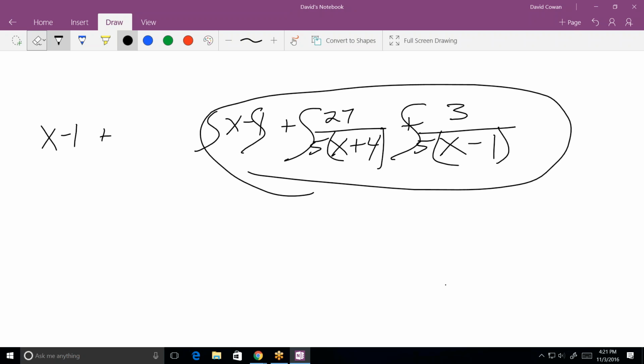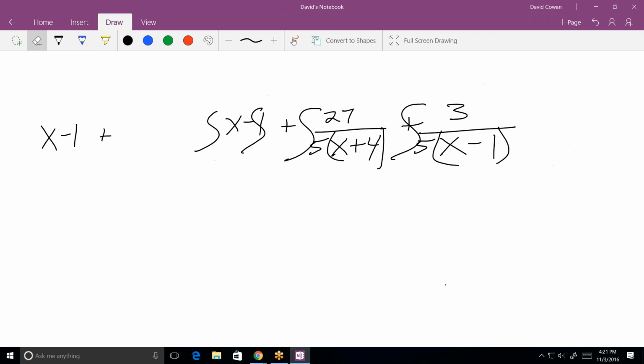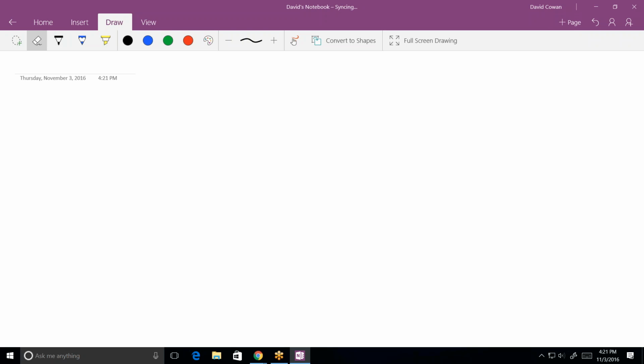That's why they came up with partial fractions to do these. But you can't throw away the x minus 1. In other words, that's part of the solution also. The solution is not just the partial fraction part.